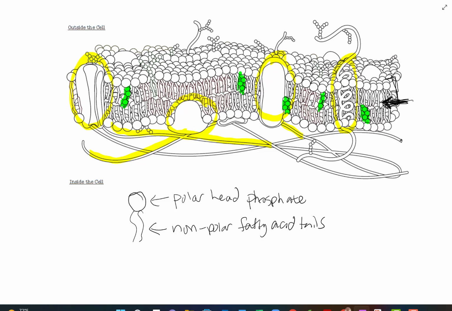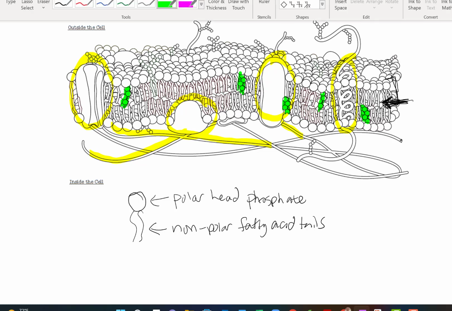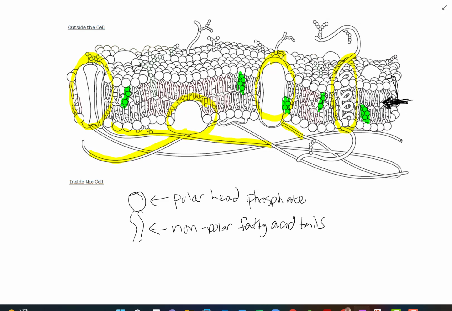Remember? Okay. And then our final component that we have here in the cell membrane, we have the carbohydrates. And remember, the carbohydrates are called either glycoproteins if they are attached to a protein, or glycolipids if they are attached to lipids.